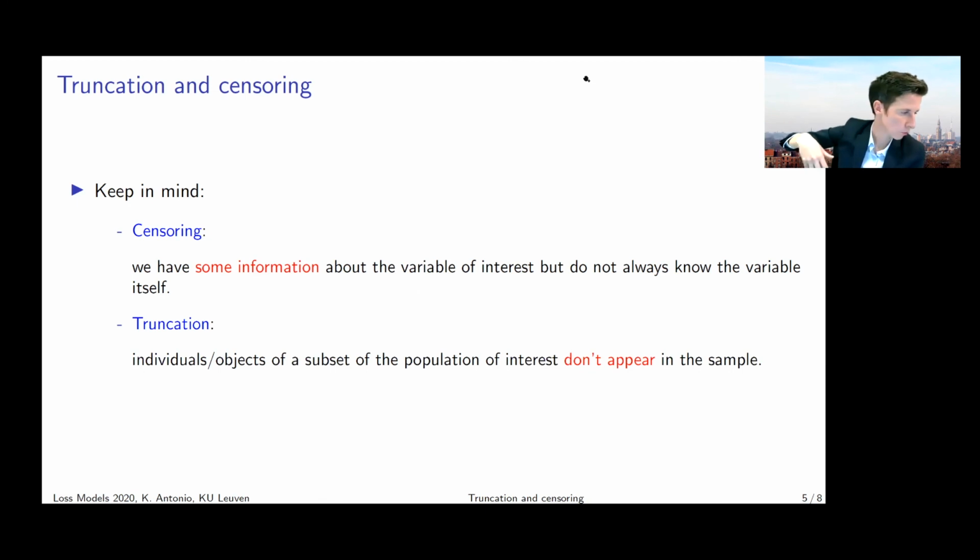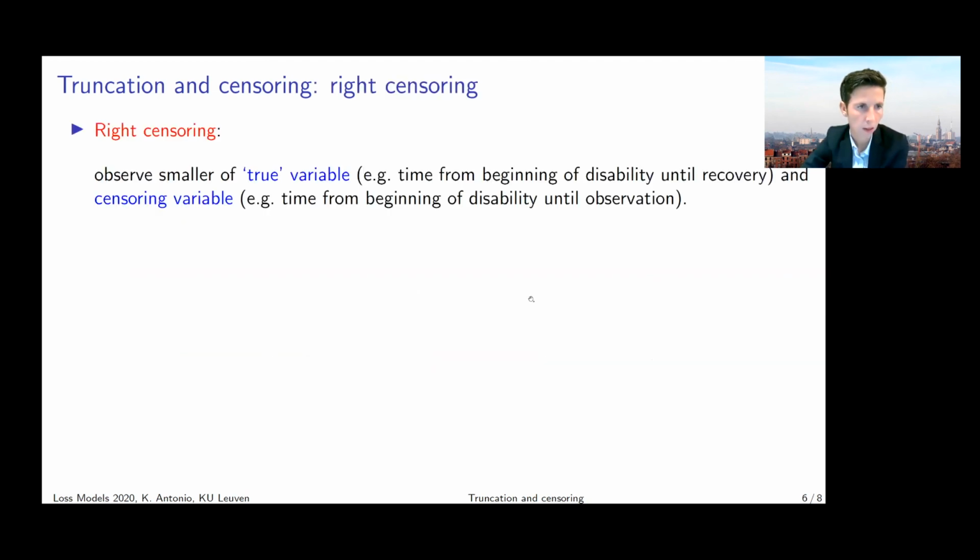And with the deductible, that's an example of truncation indeed, because you will only see those losses that are larger than your deductible. Yeah, that was the kind of link that I was thinking of.